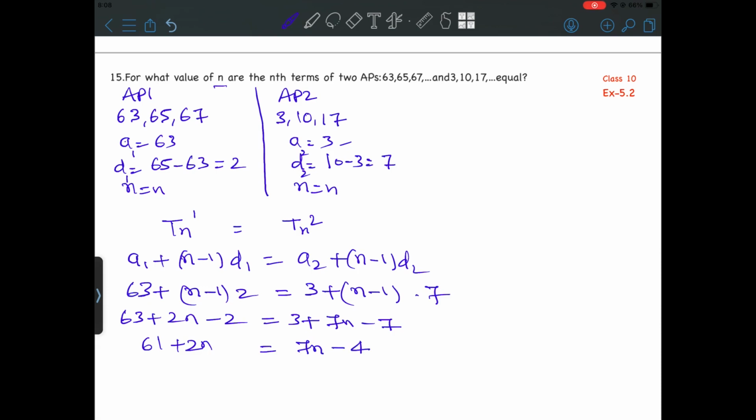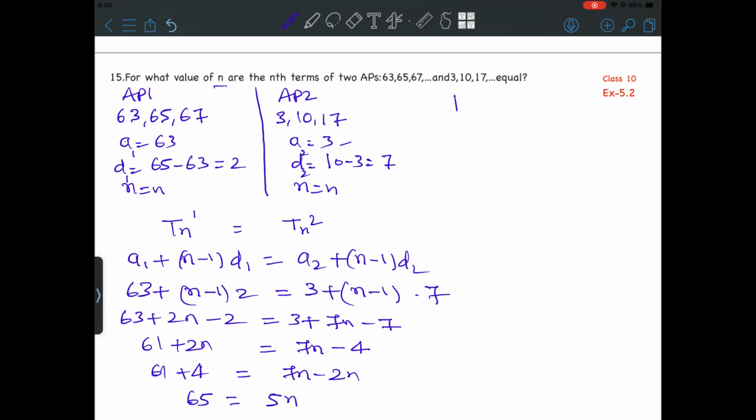So now we can basically move the terms, like n's together and also numbers together. So now we can say 61, the minus will come to the left hand side so it becomes plus, 61 plus 4 is equal to 7n minus 2n, because 2n was positive here. Once we move it to the right hand side, it becomes negative. So now the value of these two numbers will be 65 is equal to 5n.